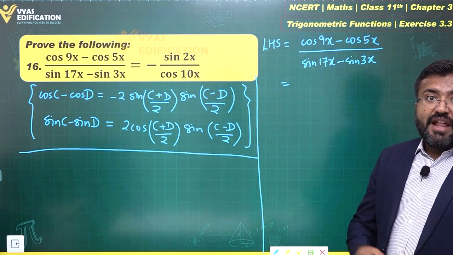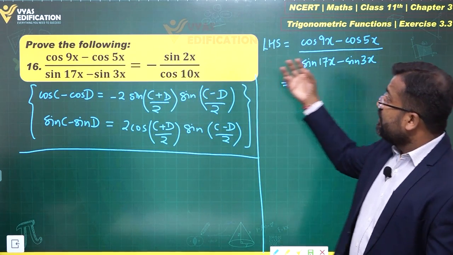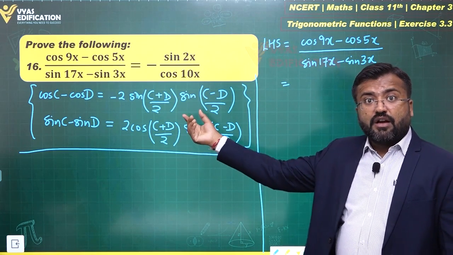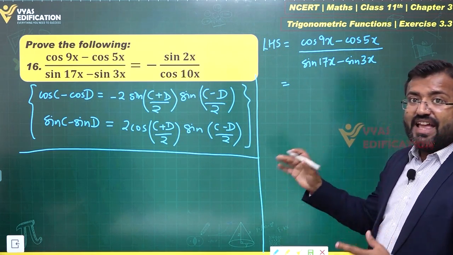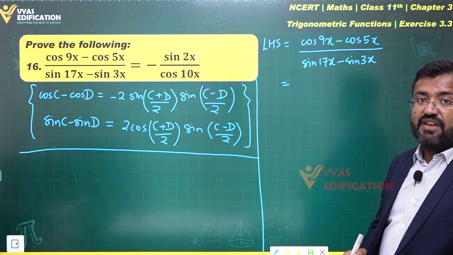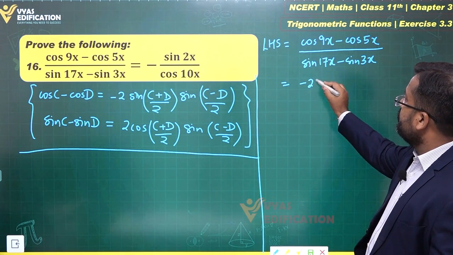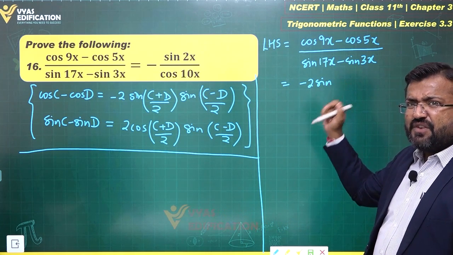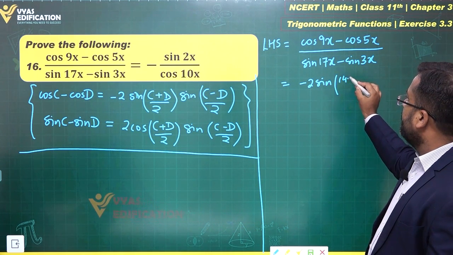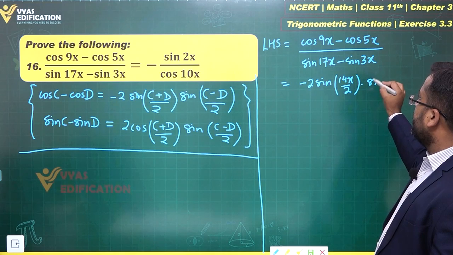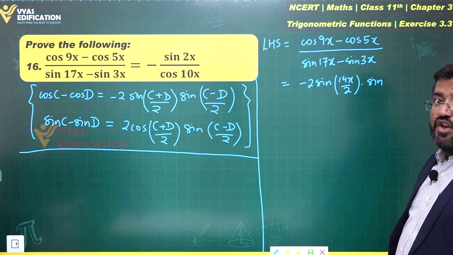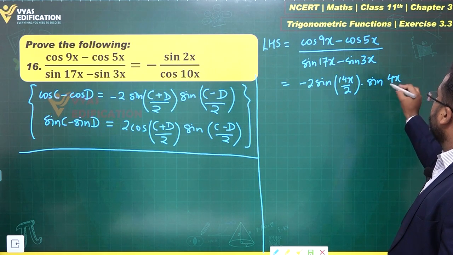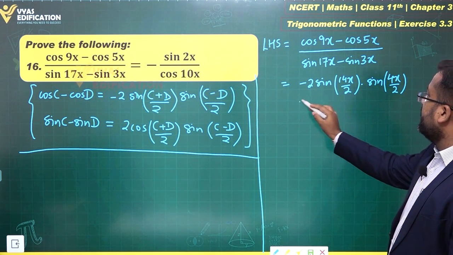In the numerator, we can apply cos C minus cos D. Cos 9x minus cos 5x will become minus 2 sin (9x plus 5x)/2, that is 14x by 2, times sin (9x minus 5x)/2, which is 4x by 2. This is what you'll get in the numerator.